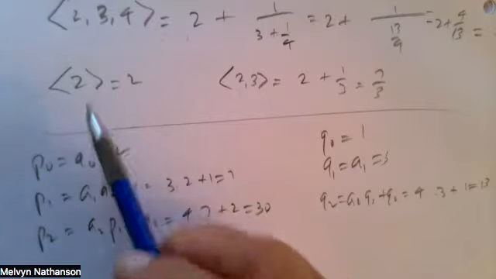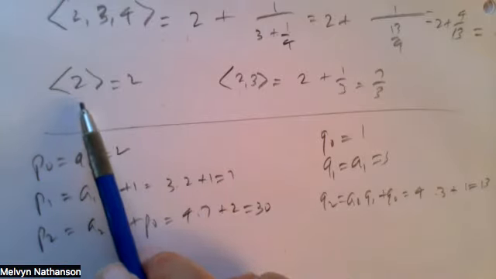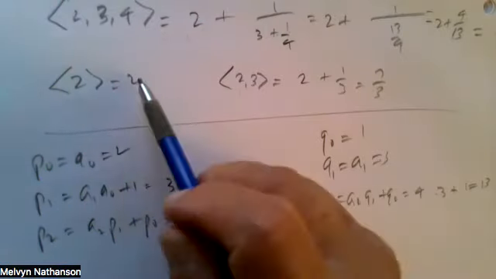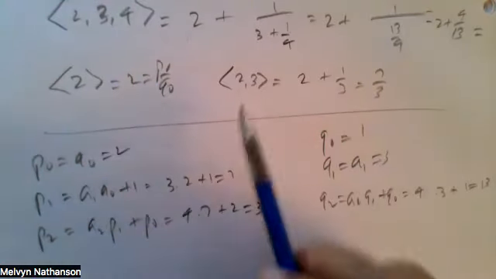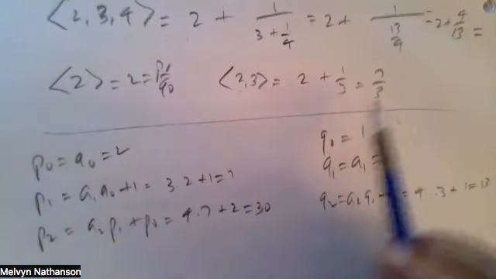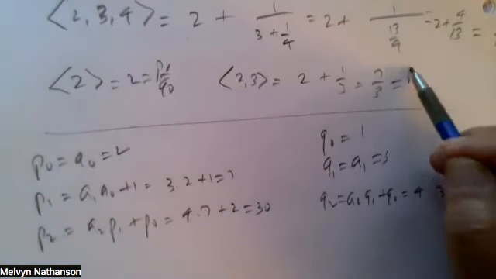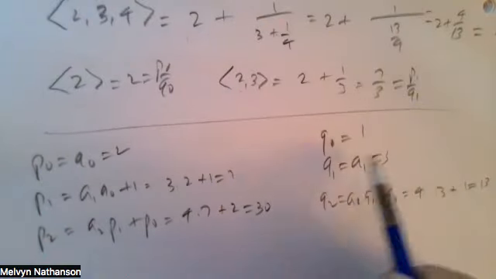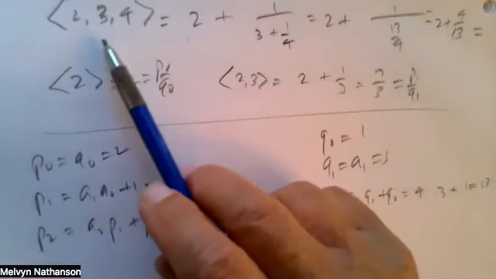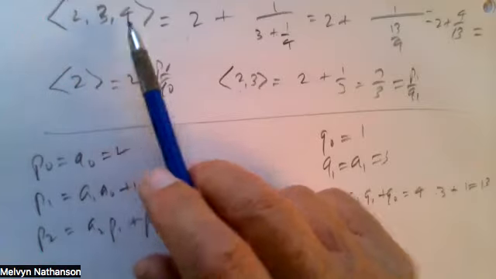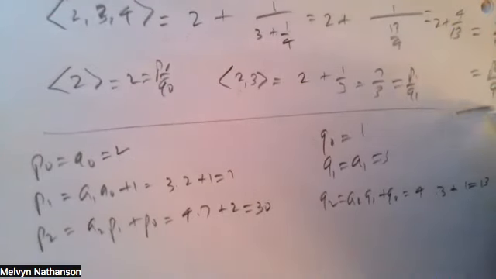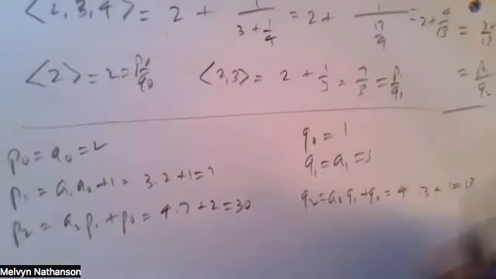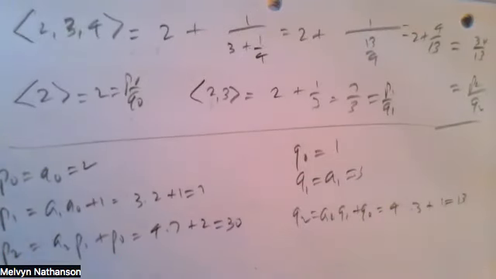So this is the continued fraction with just one term, 2. 2 is equal to P0 over Q0, 2 over 1. 2 comma 3, 7 over 3, is equal to P1 over Q1. When we have terms A0, A1, A2, 30 over 13, this is equal to P2 over Q2. So this is exactly correct in this example, right?